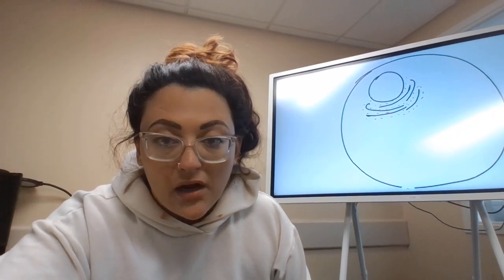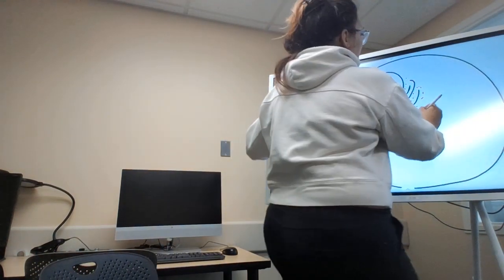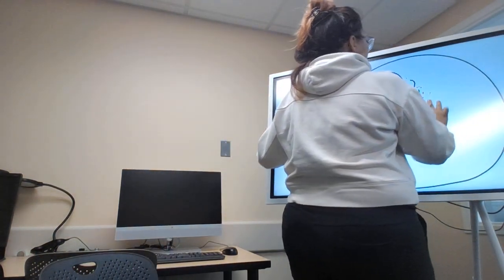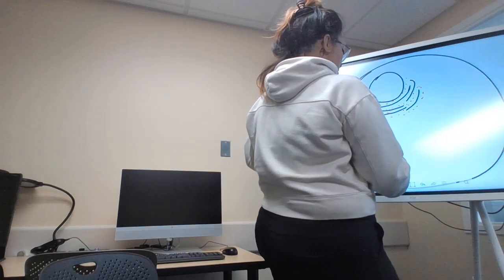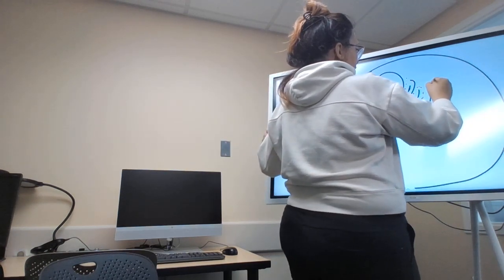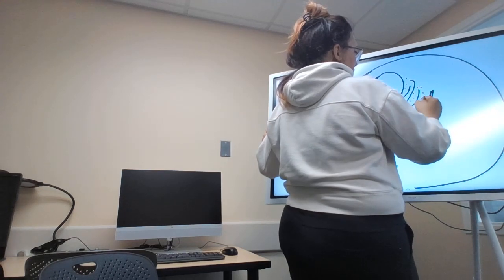The smooth ER is more like a tubular system. So right here, I will go ahead and draw these little tubes.